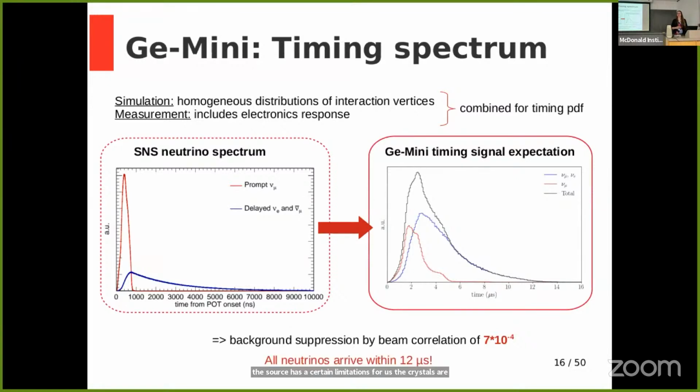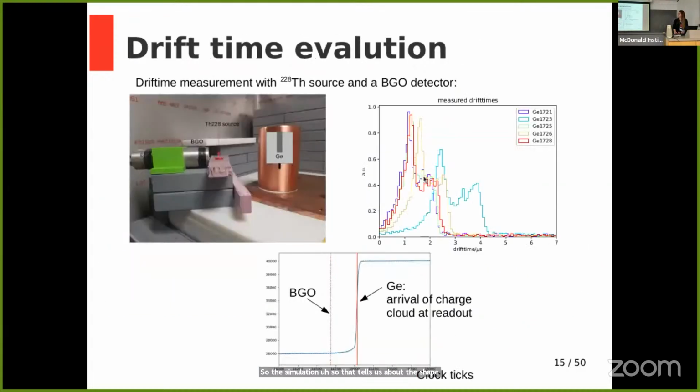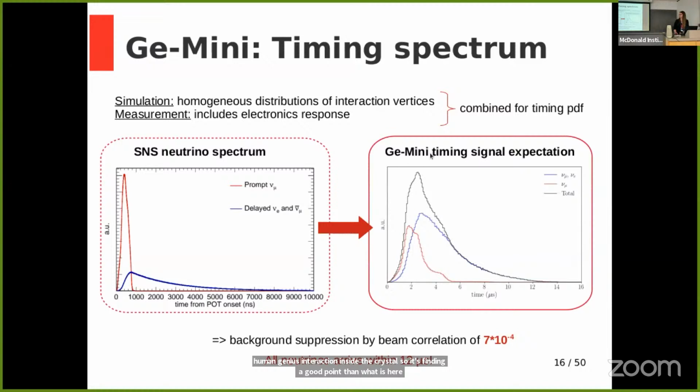For this convolution here, we used a mixture of simulation and measurement. The simulation tells us about the shape of the distribution for a homogeneous interaction inside the crystal, so it's slightly different from what you see here, while we need the measurement to also take into account how much time delay the electronics response adds.